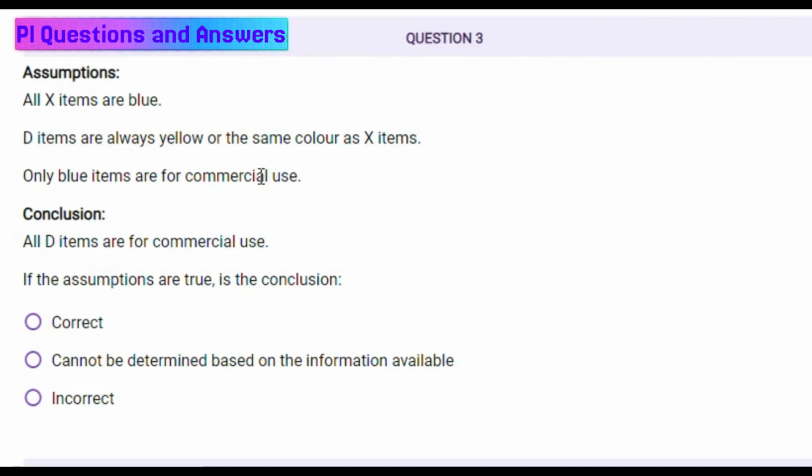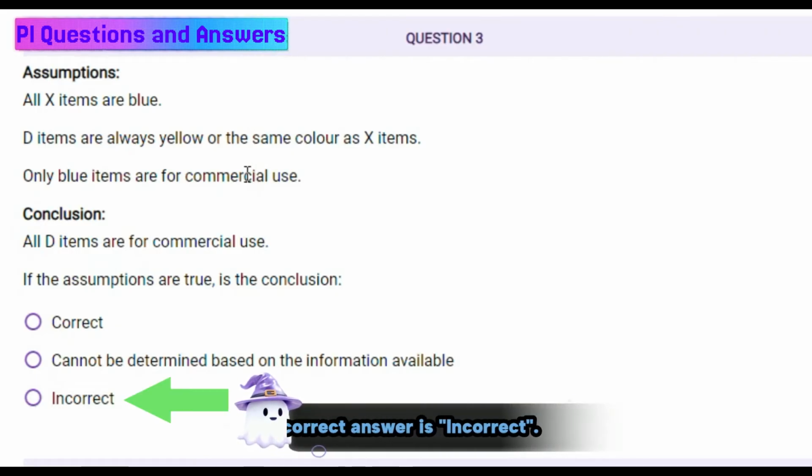Incorrect. Answer and explanation. The correct answer is incorrect. Here's why. All X items are blue, and D items can be yellow or the same color as X items. This means D items can be either yellow or blue. Only blue items are for commercial use.